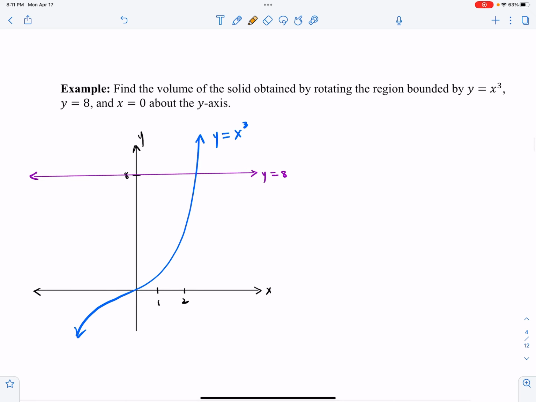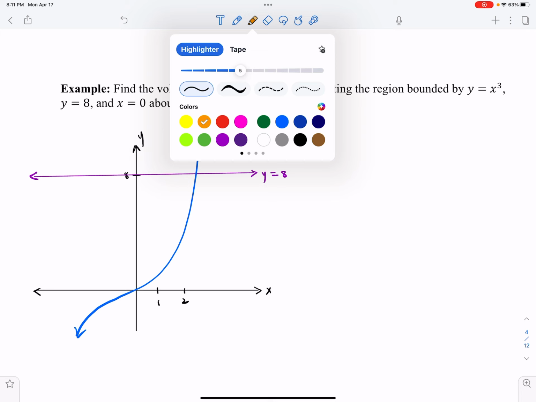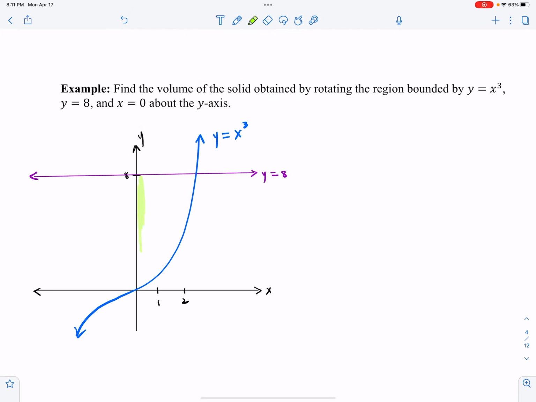And then bounded by x equals 0. So that region is here.